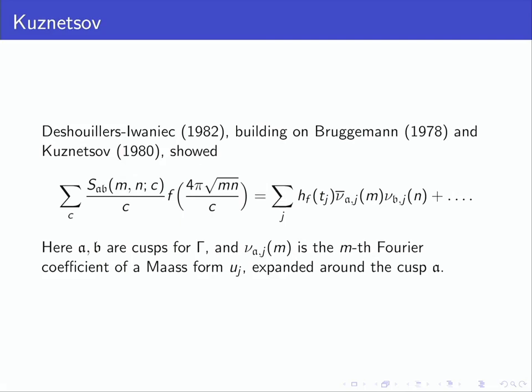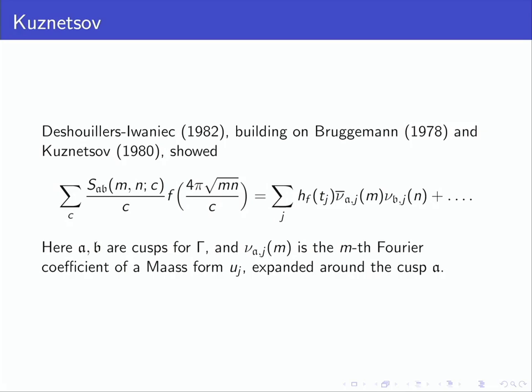The technology that we have is the Bruggeman-Kuznetsov formula. This was generalized in a paper of Deshouillers and Iwaniec from 1982. Bruggeman and Kuznetsov, from what I remember, stuck to level 1, so SL2Z. Deshouillers and Iwaniec did general levels, and they allowed more general cusps for the Fourier coefficients, and you got more complicated Kloosterman sums.